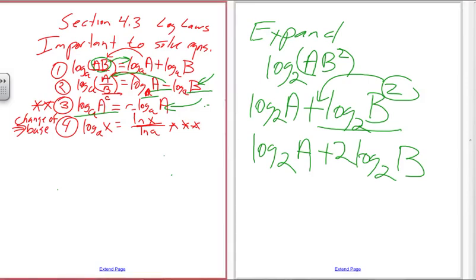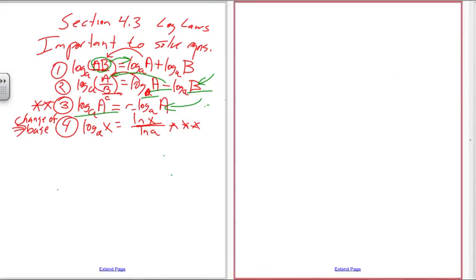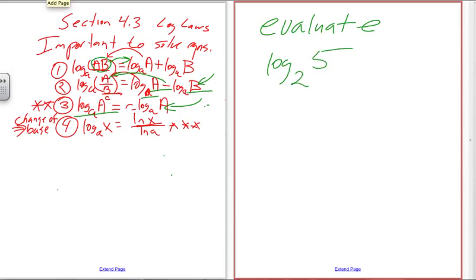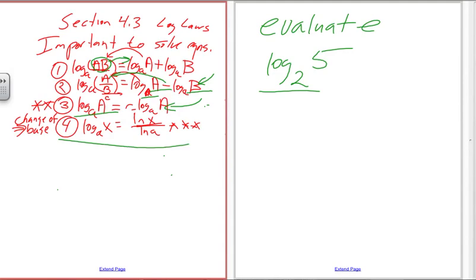Okay, just deal with one more here. On this one, you're asked to evaluate or solve it. And they give you log base 2 of 5. Okay, well, your calculator doesn't have a log base 2. And so in order to do this one, we have to resort to the change of base formula.